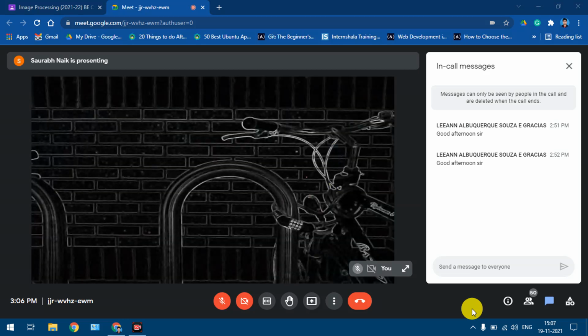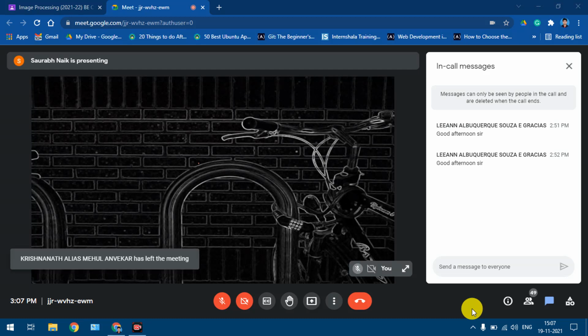That is, if we use the Prewitt, Sobel, and Roberts operators, these edges, which are white over here, are not going to be a single pixel in width. They are going to be more than that.